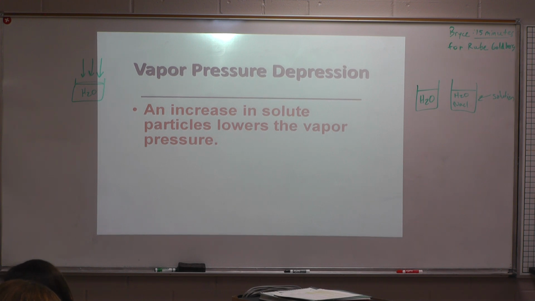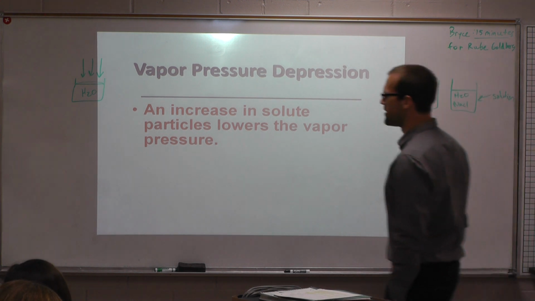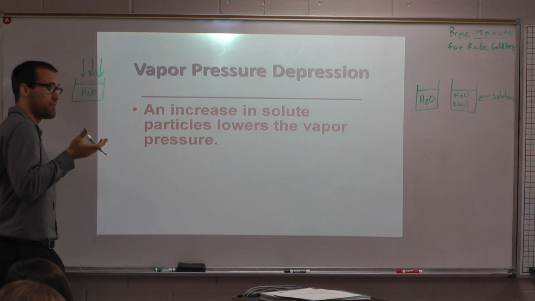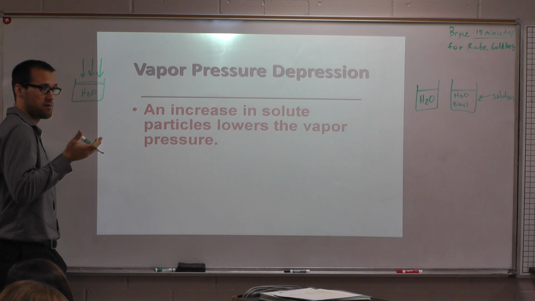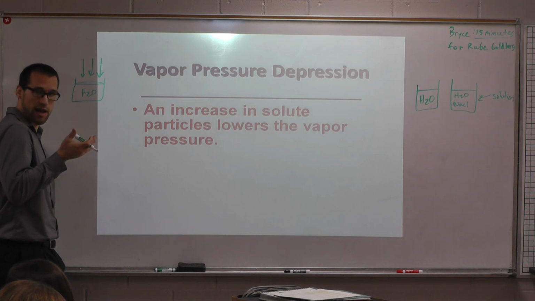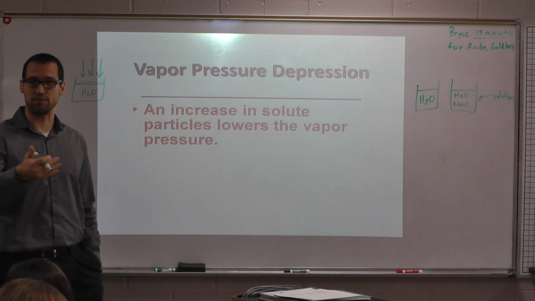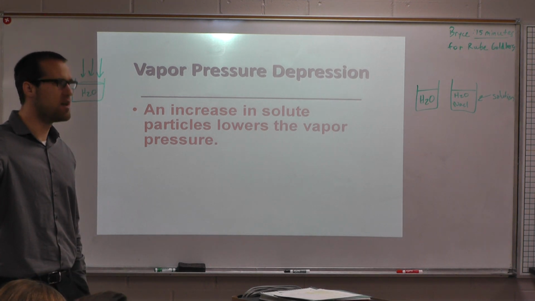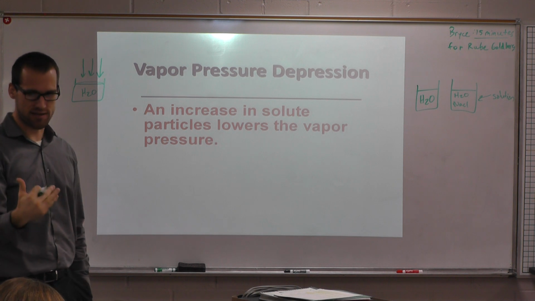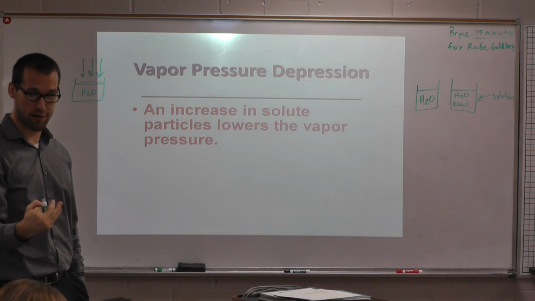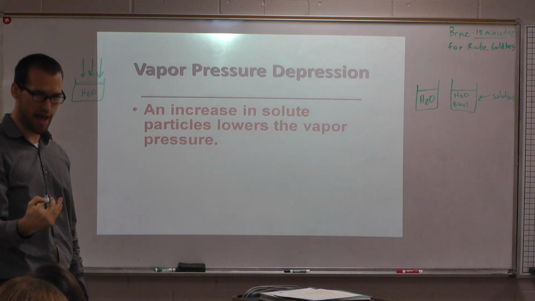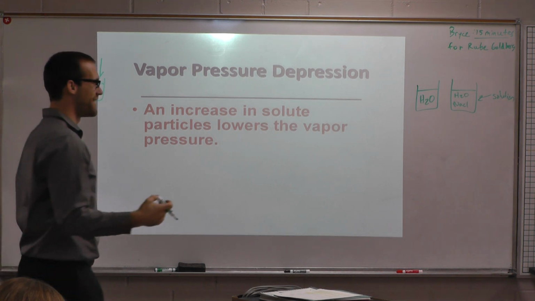And as evaporation goes up, or as the temperature goes up, the vapor pressure goes up, right? More evaporation means more vapor to apply a pressure. So a decrease in temperature lowers the vapor pressure, yeah?